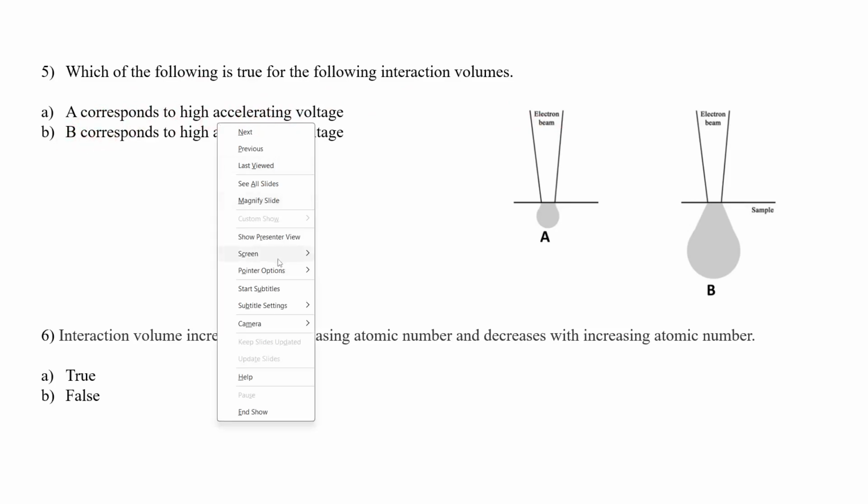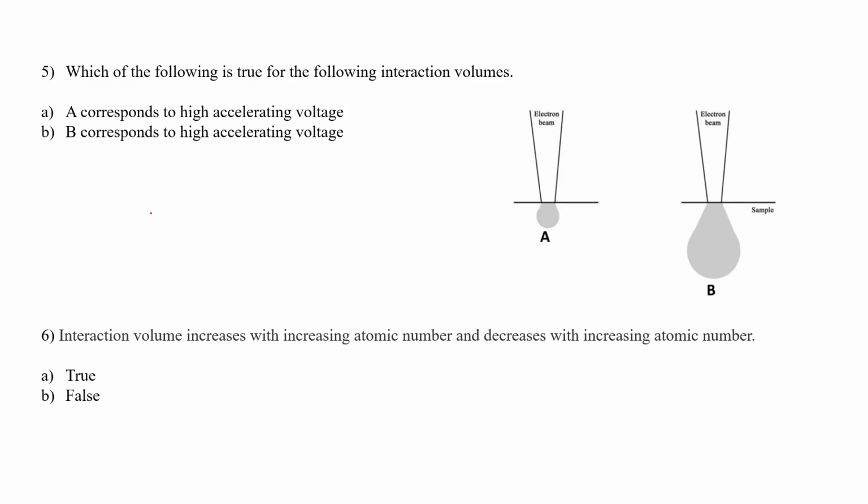When I discussed this, if we have a higher accelerating voltage, the beam goes much deeper into the specimen, and with a lower accelerating voltage, it stays very near the surface of the specimen. So option B corresponds to higher accelerating voltage, since it has a higher interaction volume.